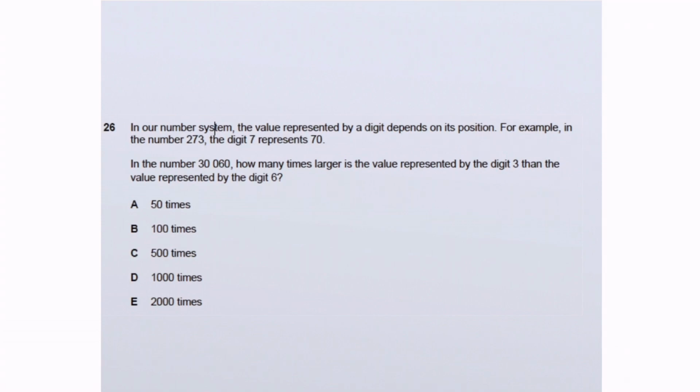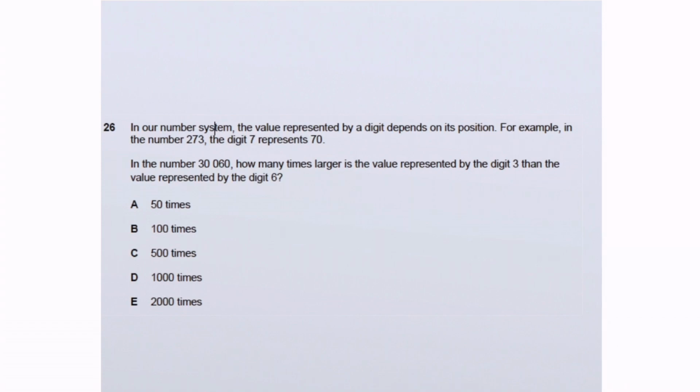In the number 30,060, how many times larger is the value represented by the digit 3 than the value represented by the digit 6? So again, these wordy questions are quite common against Pre-Uni's STTC maths, and so students should be quite familiar with picking out the information.